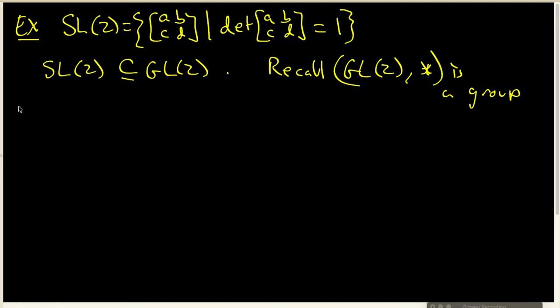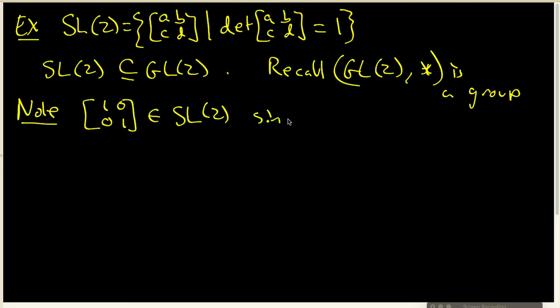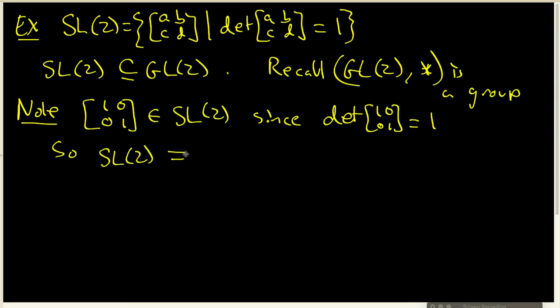Well, I want to first of all note that the identity matrix belongs to SL2 since the determinant of the identity matrix is 1. And that's enough to put it in SL2. But the important thing is that this says SL2 is not the empty set. So the next thing that I do is I pick two arbitrary elements of SL2.